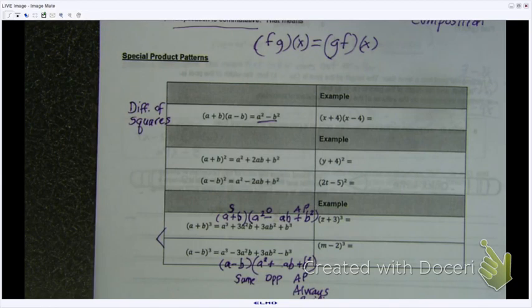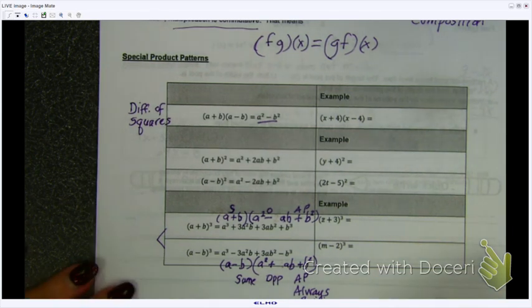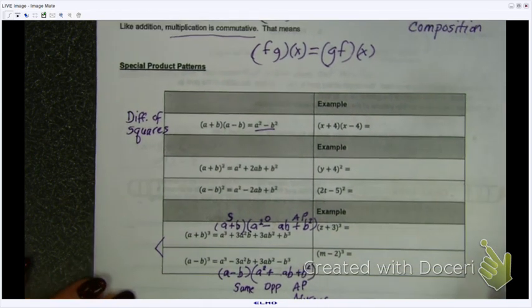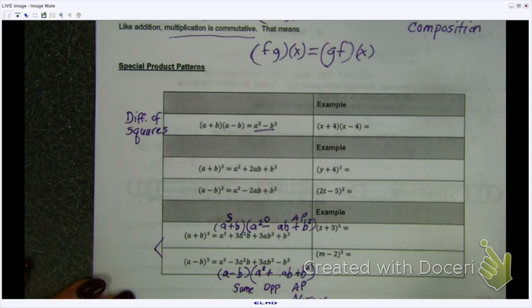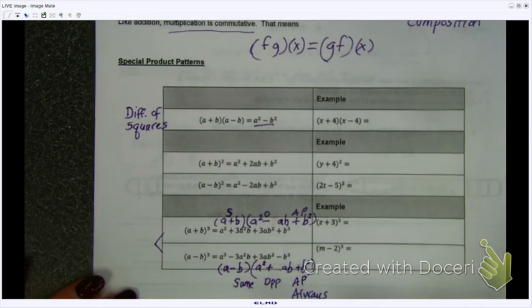Any questions about the formulas themselves? Anybody not finished?